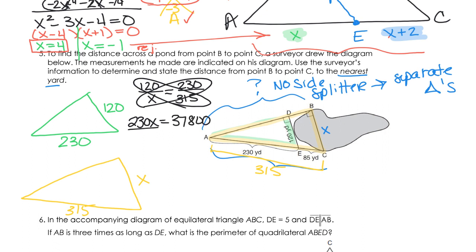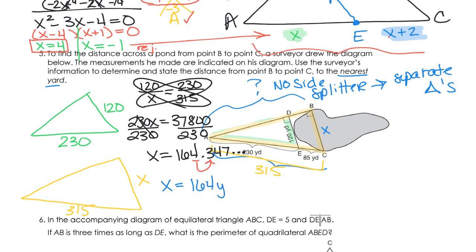Go ahead and divide both sides by 230, and we end up with x equaling 164.347..., which does keep going. However, they want the nearest yard, so that would be this spot here, the 4, but we have to look next door to see if it's 5 or higher to round it up, and it's not. So we'll say that x equals 164, and I believe these are yards.